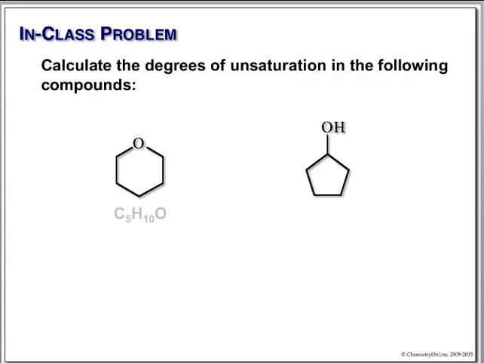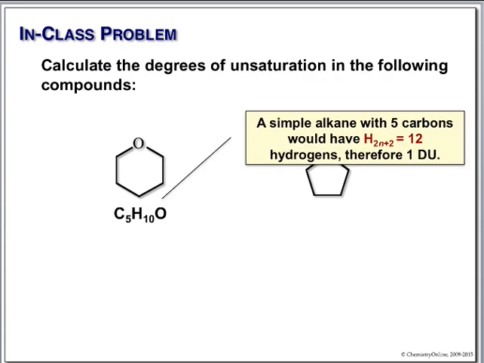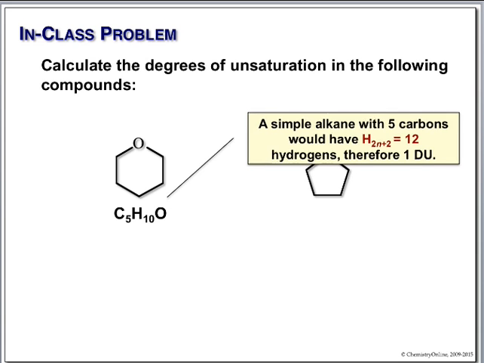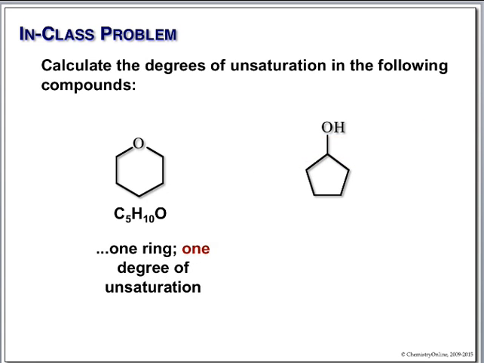We have 10 hydrogens and an oxygen. We're going to ignore the oxygen. If this was fully saturated, it would have 12 for our 5 carbons. Therefore, this has 1 degree of unsaturation. Again, 1 ring, 1 DU, and you ignore the oxygen.